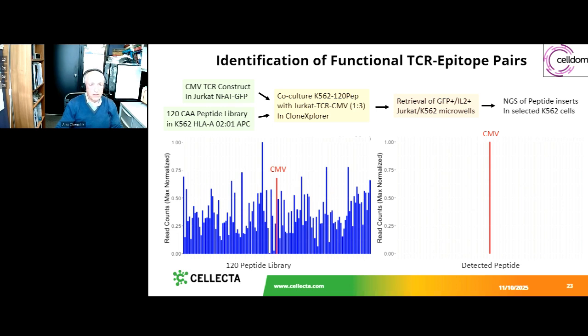We selected GFP positive cells, and as you can see on the right side of this slide, we identified practically in all cases the CMV peptide, which illustrates the power of this technology to screen different T cell receptors and peptide candidates against each other.